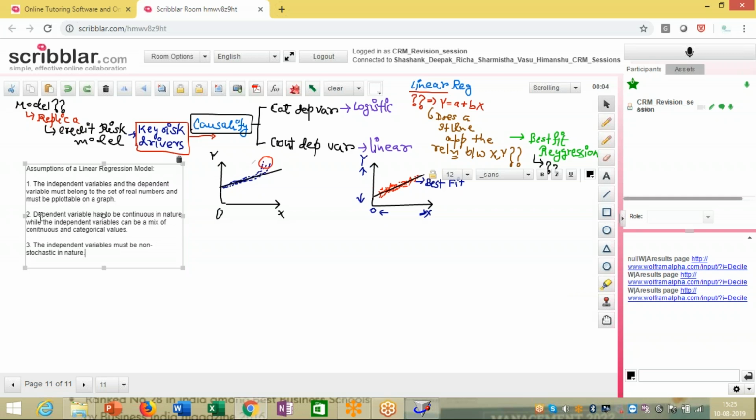The independent variables must be non-stochastic in nature, while the dependent variables can have a distribution attached to it. Right? Okay. Now comes the next part. The independent variable must be non-stochastic in nature, and the model.